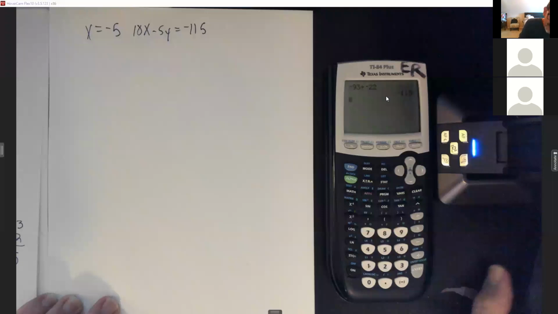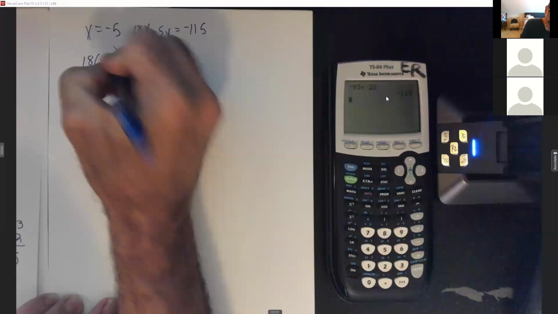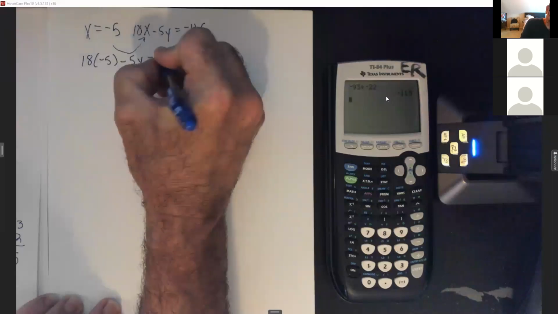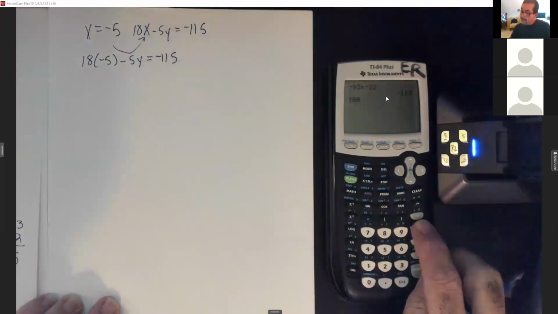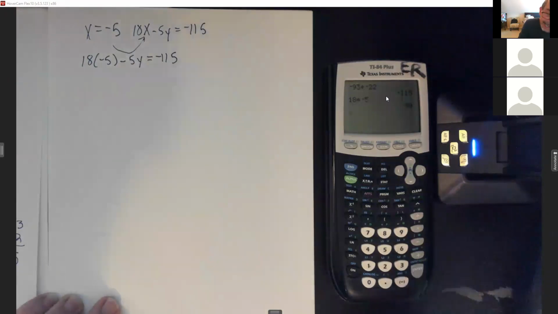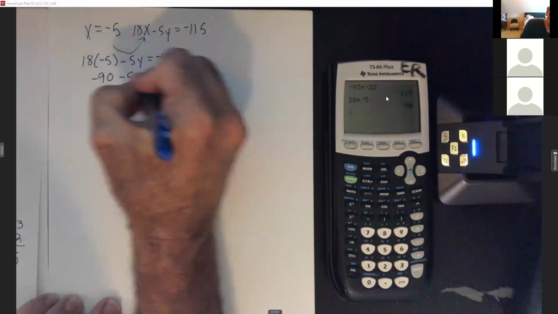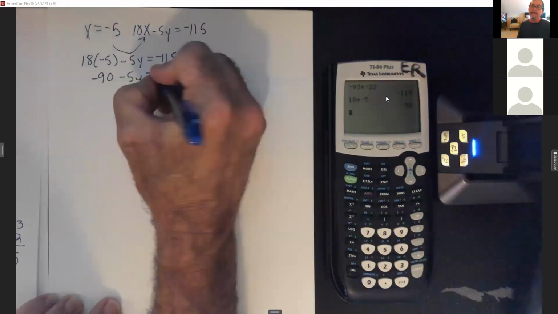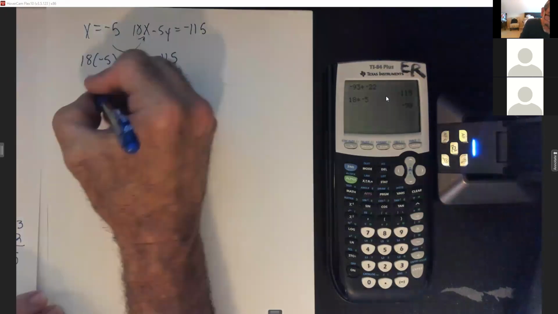All right, so let's plug that -5 into that x. So we get 18 times -5 minus 5y equals -115. So 18 times -5 is a -90 minus the 5y equal to -115. All right, y'all, let's add 90 to both sides.